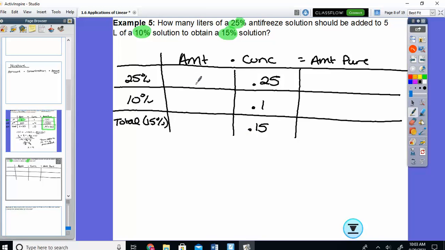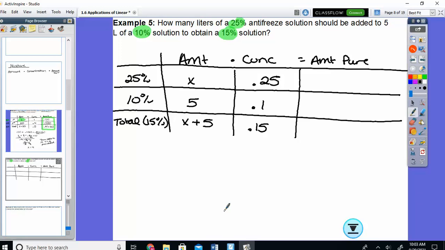So do I know the amount of 25%? No, it says how many liters of 25, so I don't know it. That's my X. How much 10% do we have? 5. Should be added to 5 liters of a 10%. To obtain a 15%, so how much do we have in the total? X plus 5.